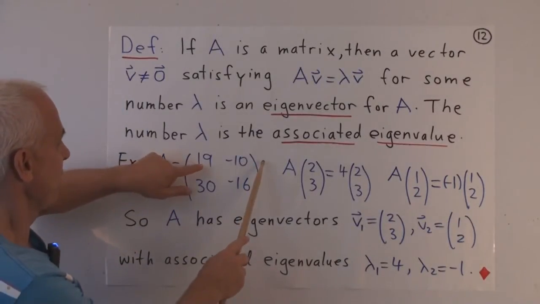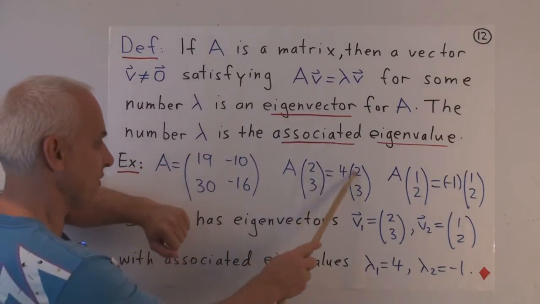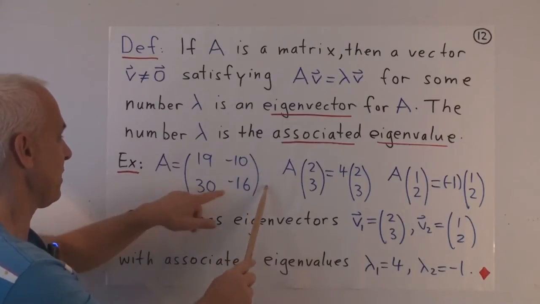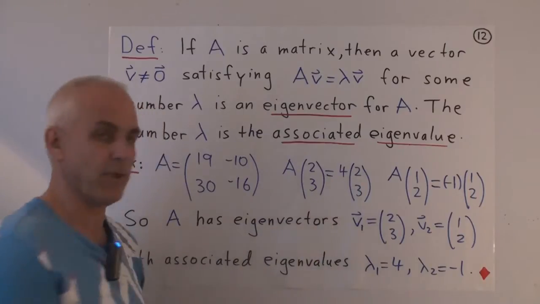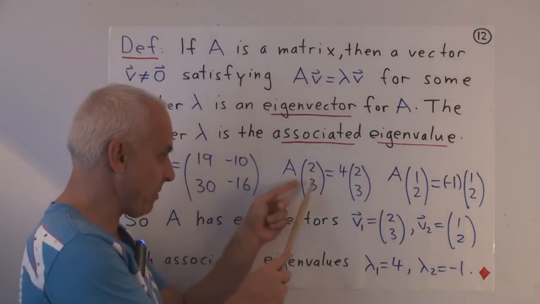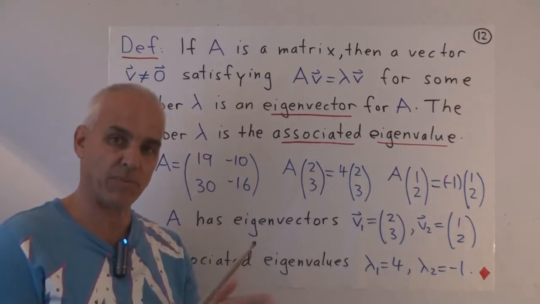You're going to get 38 minus 30, that's 8, which is 4 times 2. And the second entry will be 60 minus 48, that's 12. That's 4 times 3. So the vector 2, 3 has the property that when you multiply it by A, you're getting exactly 4 times 2, 3. You're getting a multiple of 2, 3.